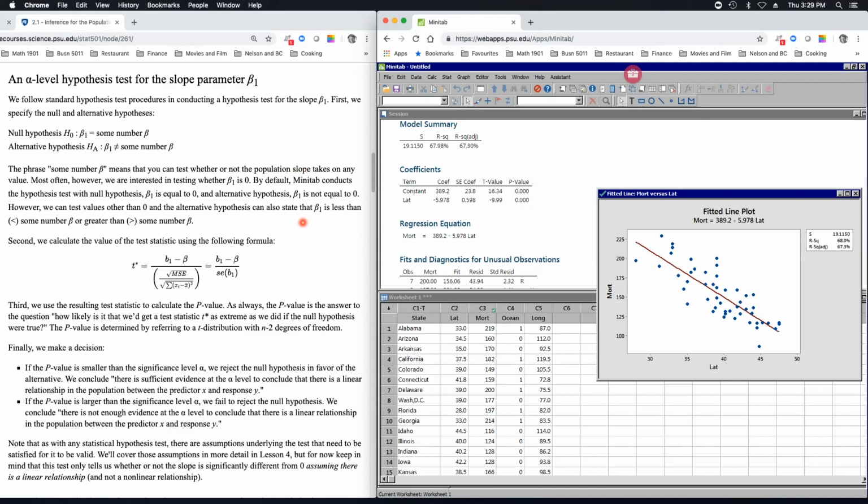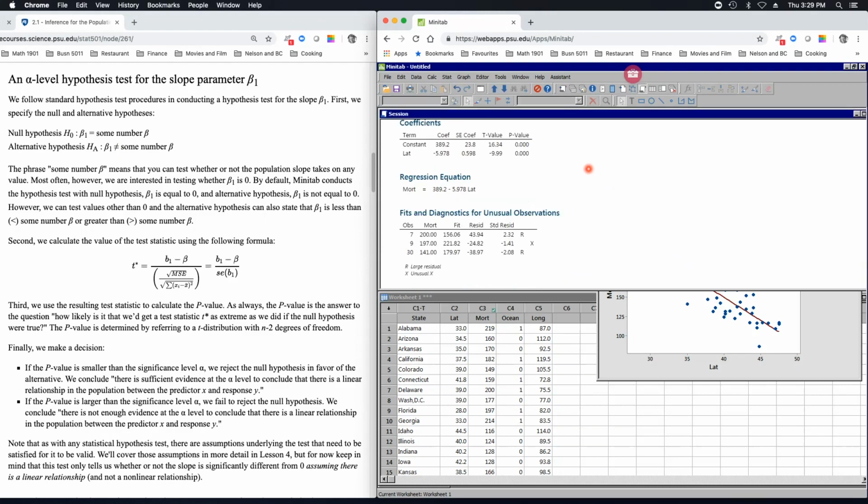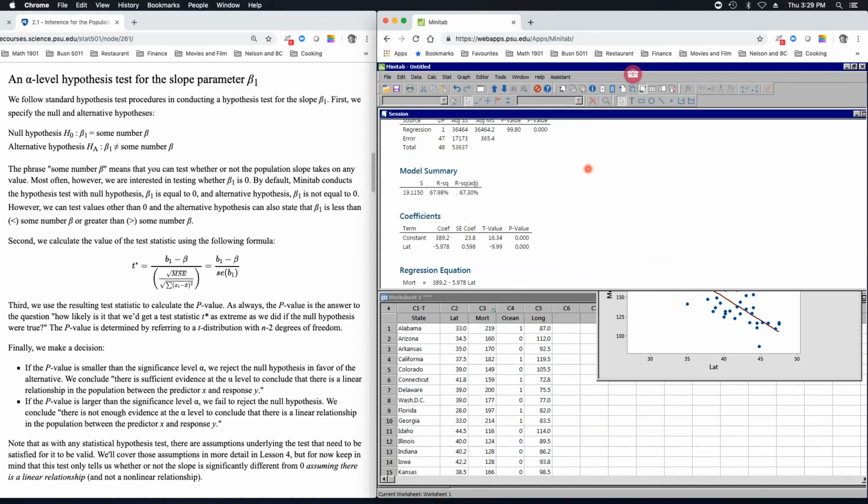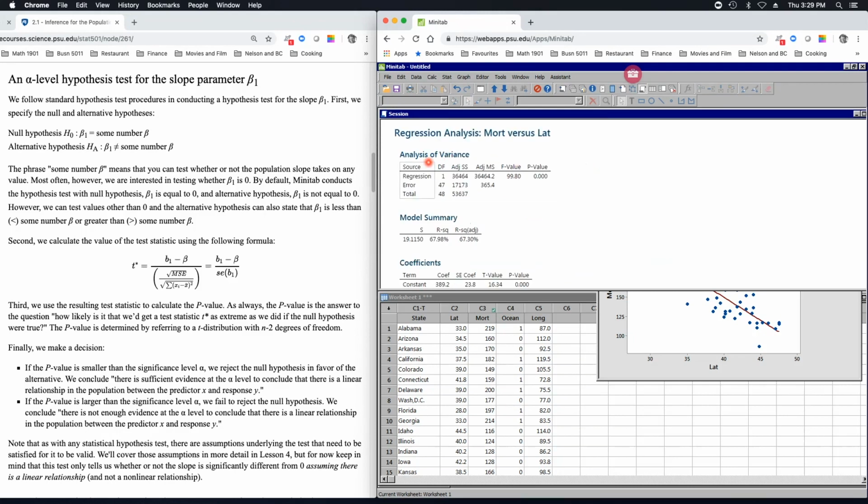And then one last thing to note is there's actually another way of doing this two-tail test for the slope in simple linear regression, and that's with an F-test rather than a t-test. The F-test is covered in the analysis of variance table. We'll talk about the analysis of variance table in more detail in another video.